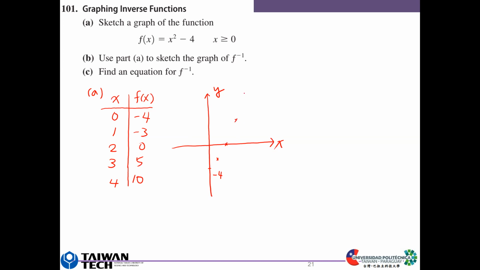When x is 4, it is 10. So you have this. Now use part A to sketch the graph of f inverse.